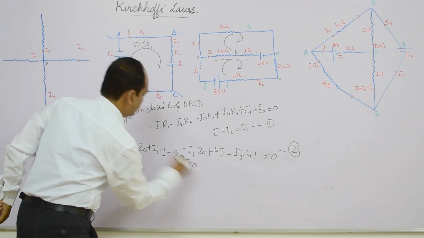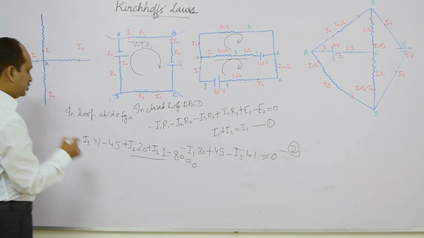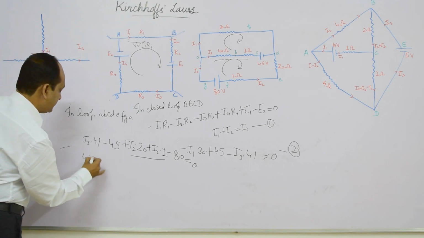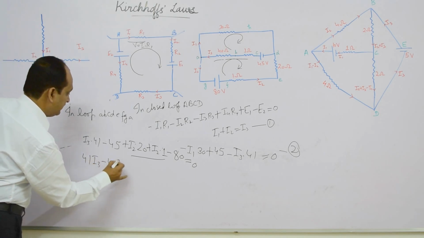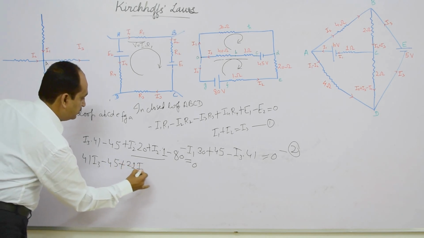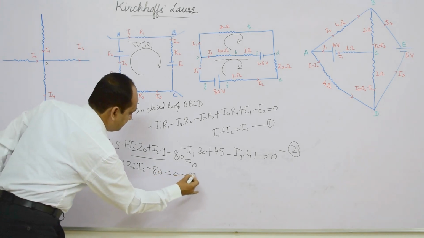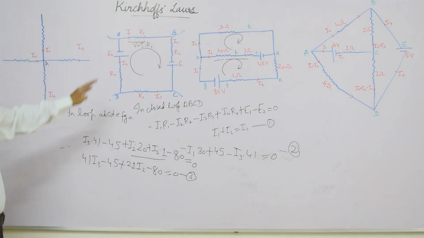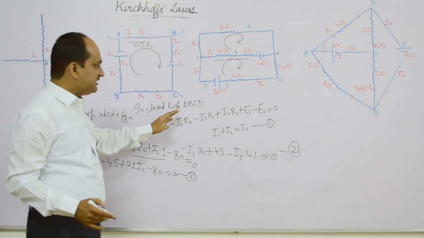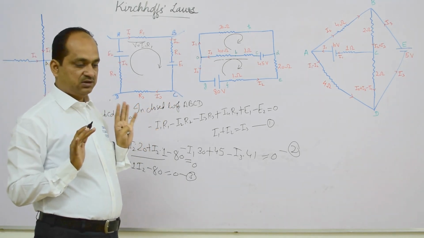That should be 0. Or here we find that these two resistors are in series, so we can write 41 I3 minus 45 plus 21 I2 minus 80 is equal to 0. This is our third equation. Now by solving these 3 equations, we will get the values of I1, I2 and I3.